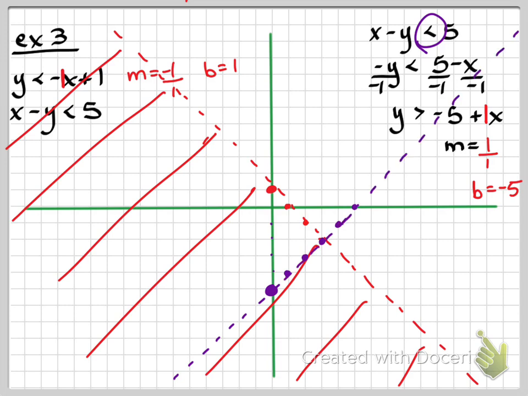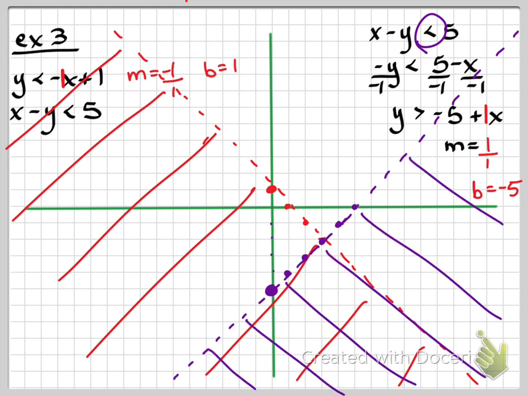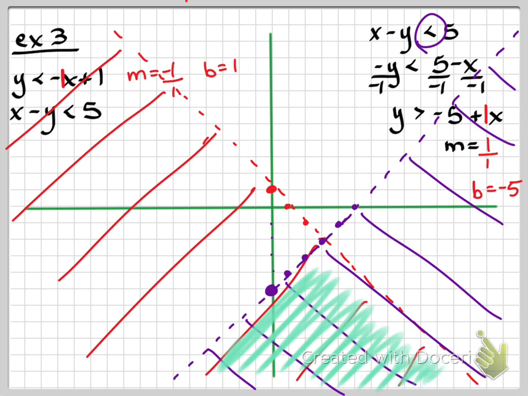If you can focus on the purple, less than would be going down below it. And our answer is the portion of the graph that got shaded twice. So it's here. That's purple and red. That's our answer. That region.